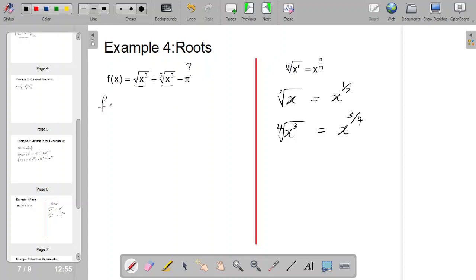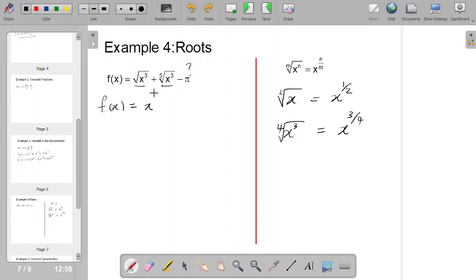So remember, this is still f of x because we still need to get our house in order. So we'll have x. Remember there's a 2 since it's a square root. So let's go back.